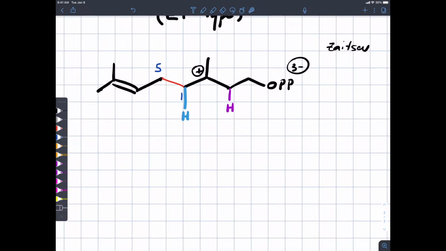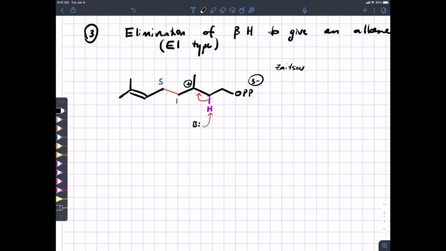Now, based on what you learned in 351, it would be difficult to predict regioselectivity here, and you would probably draw both of the alkene products. But I'm going to tell you the enzyme directs the reaction such that the purple proton is removed. And the reason for that is that getting rid of that purple proton puts us back in a situation where we have an allyl leaving group.